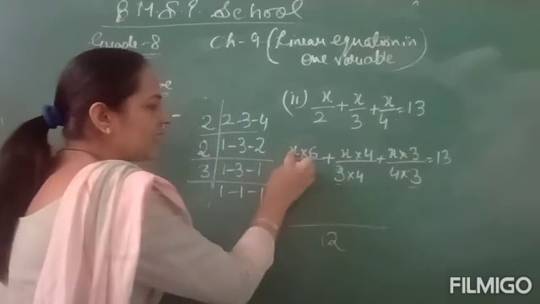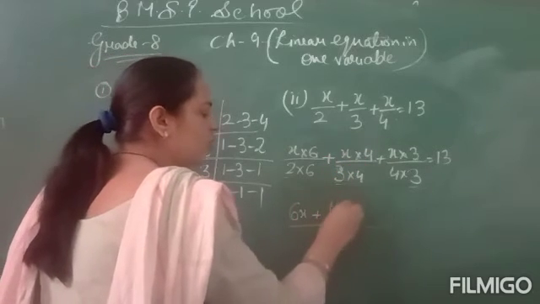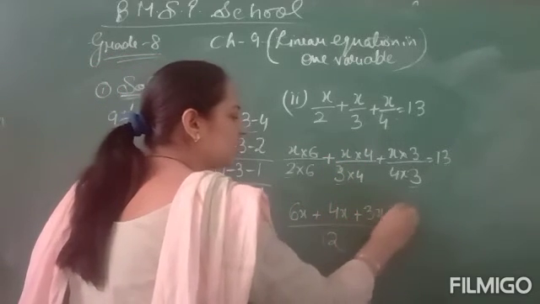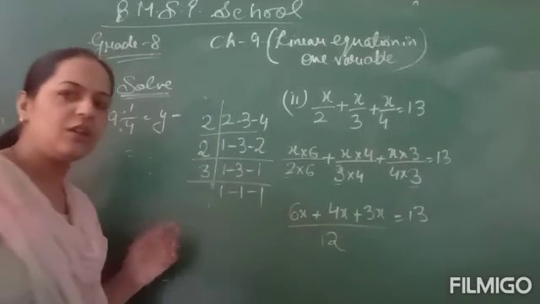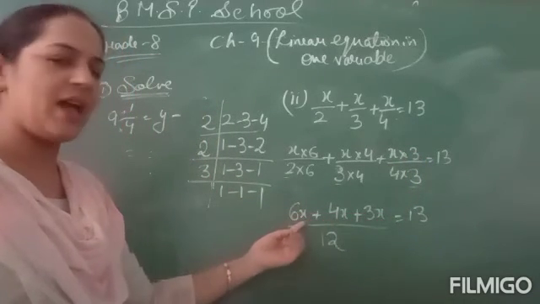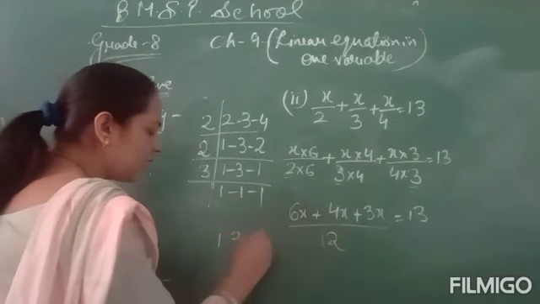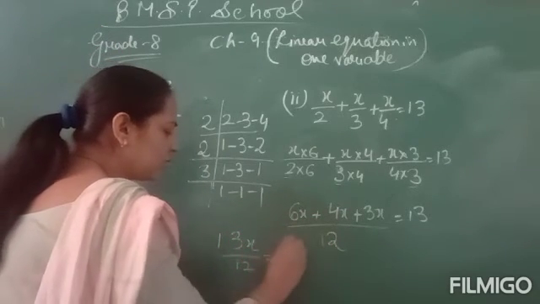Now first is x into 6, 6x, 4 into x, 4x, 3 into x, 3x is equal to 13. Now they are all like terms, 6x, 4x and 3x, all having x. So 6 plus 4 plus 3 is 13x. 13x by 12 is equal to 13.